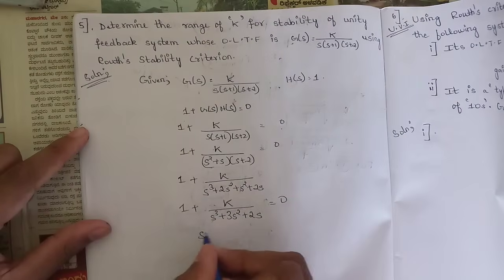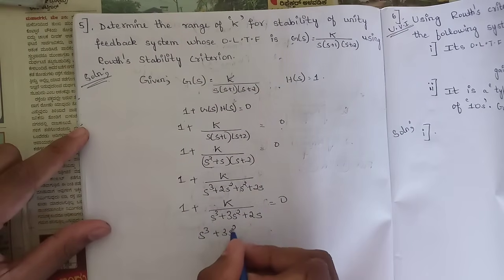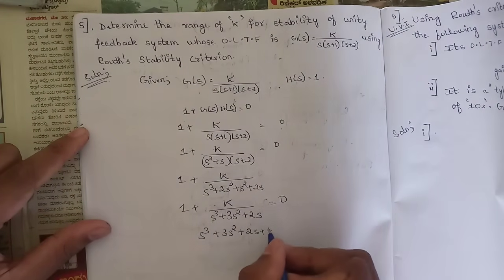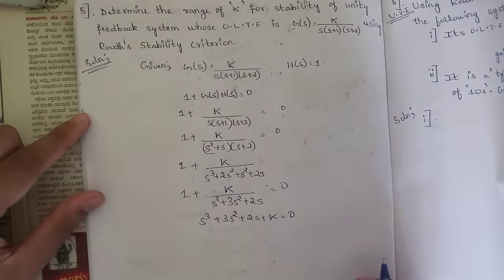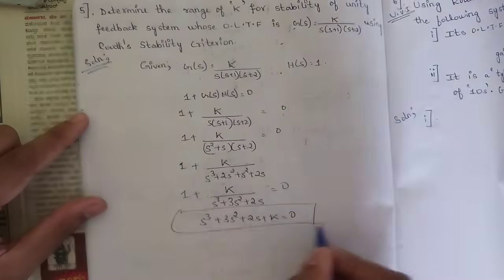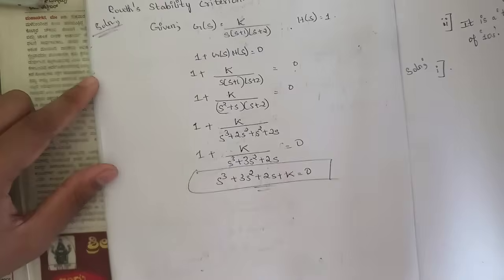Taking the LCM, we get s cubed plus 3s squared plus 2s plus k equal to 0. This is the characteristic equation we have got.